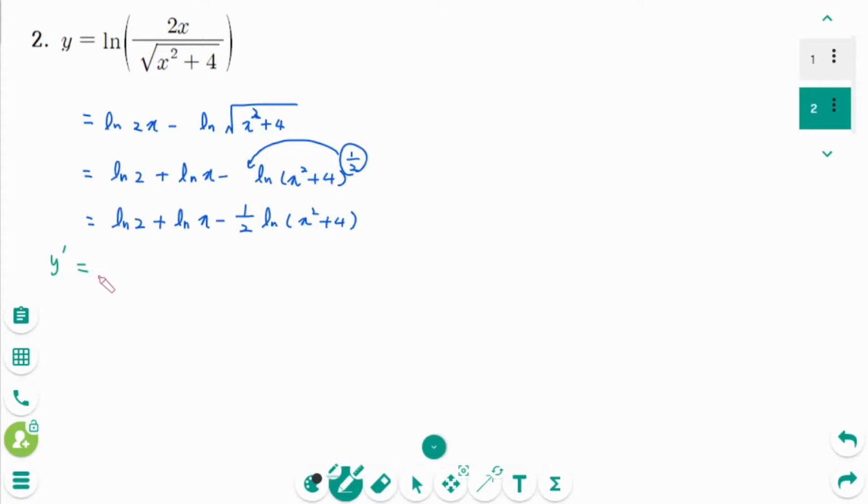Y prime equals, differentiating the constant ln 2 is 0.